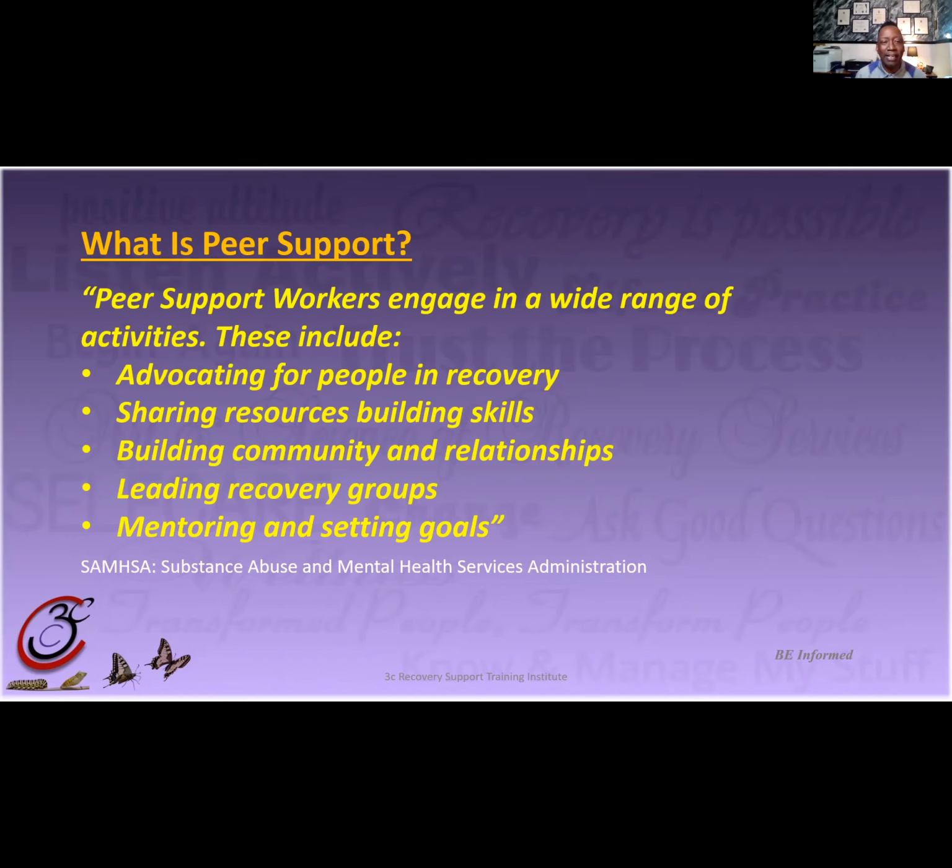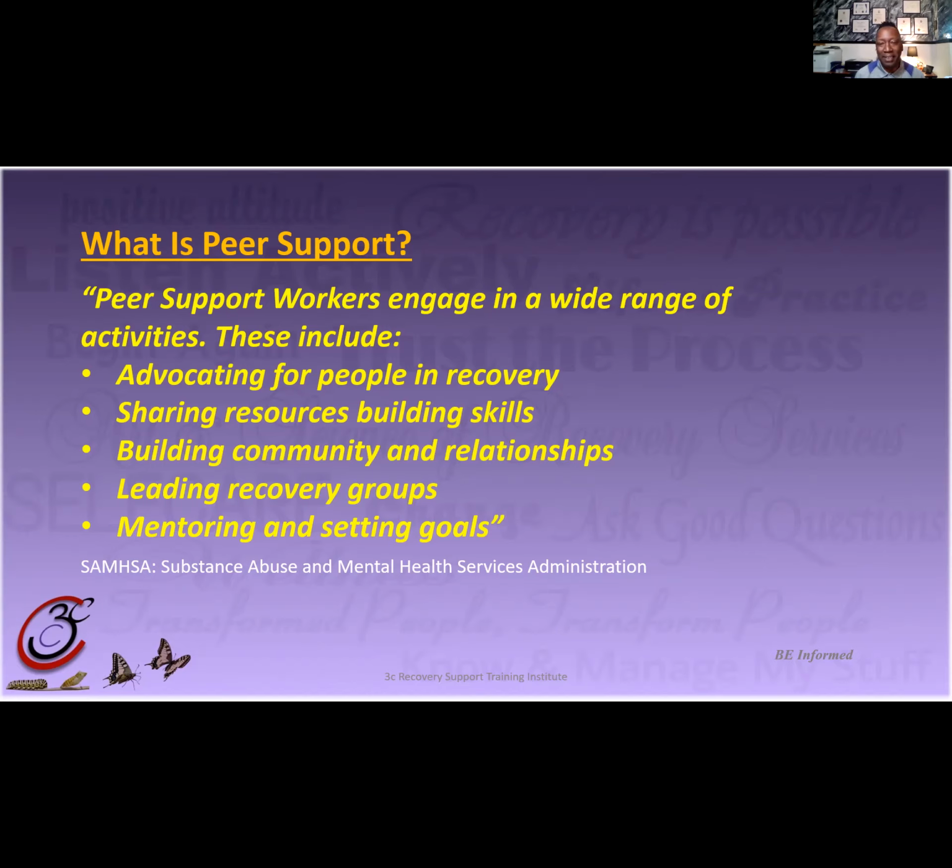The next is sharing resources and building skills. So many of the individuals who serve as peer supporters are individuals with lived experience themselves. So they can share resources of places that they've used, services that they've used, as well as finding new resources for individuals that they're serving.